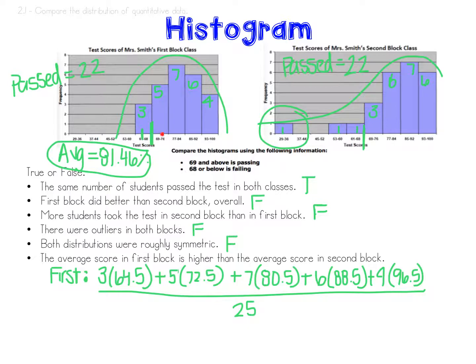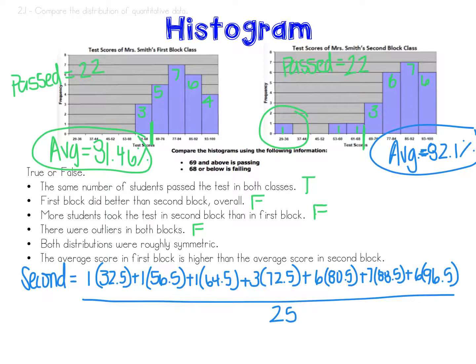Then I found the class midpoint of 69 to 76, which is a 72.5, and 5 people had that. 7 people would average an 80.5. 6 people averaged an 88.5 and 4 people a 96.5. And so when I added all that up and divided by the 25 students it represented, I got an average of an 81.46 for first block.